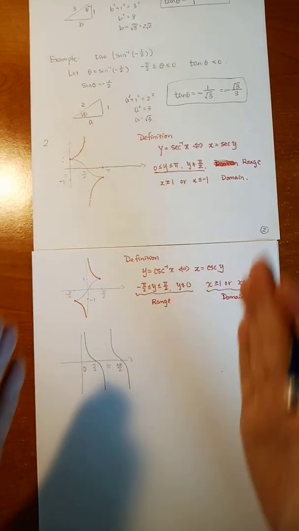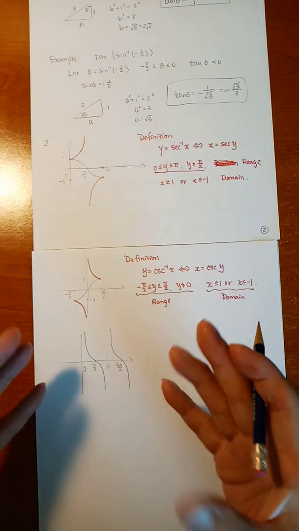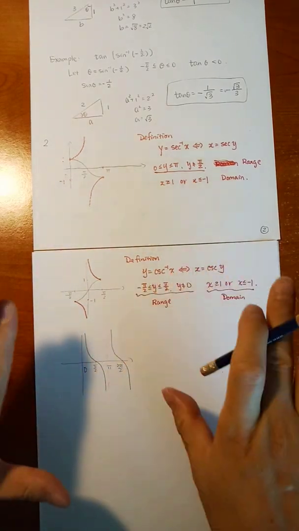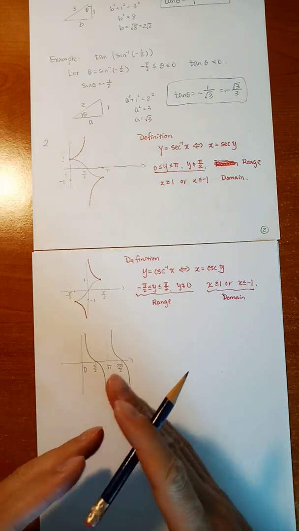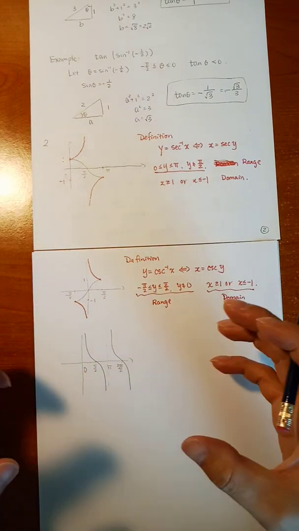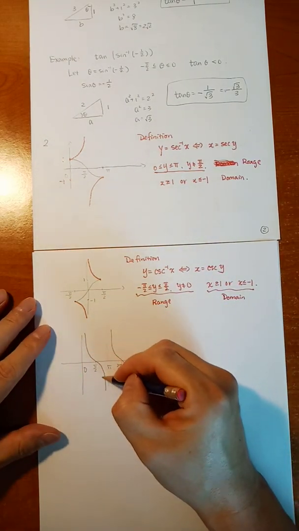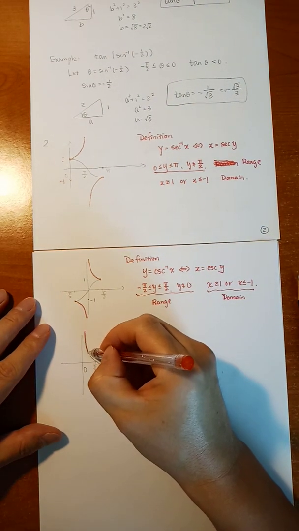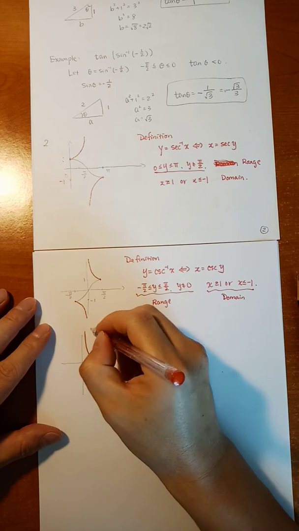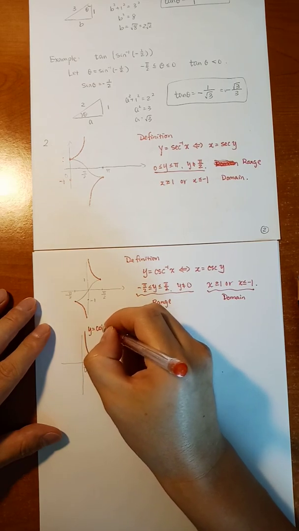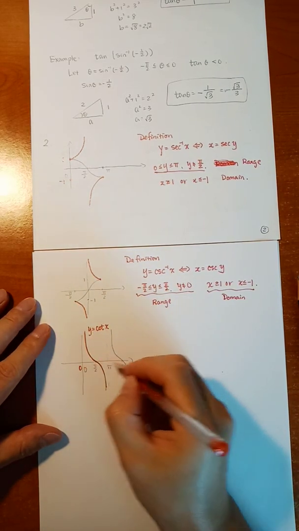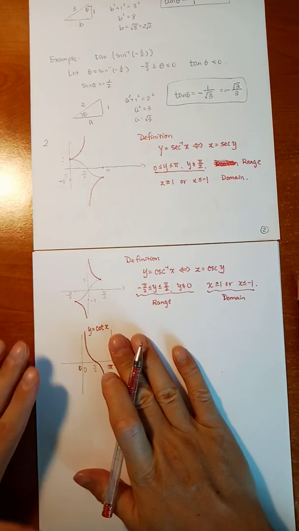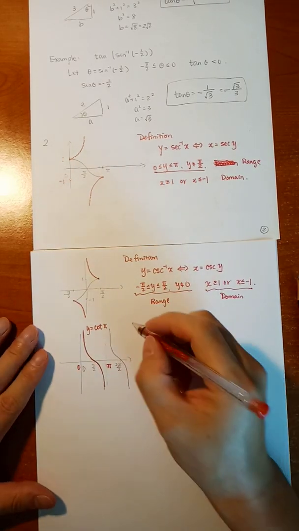Tangent has several vertical curves. Cotangent also has those vertical curves. They are piece by piece. They are not intersected. They are very complete. So we're going to choose this piece for y equal to cotangent of x. It's between 0 and pi. And we use this piece to define its corresponding cotangent inverse.